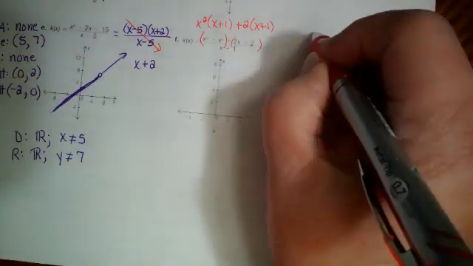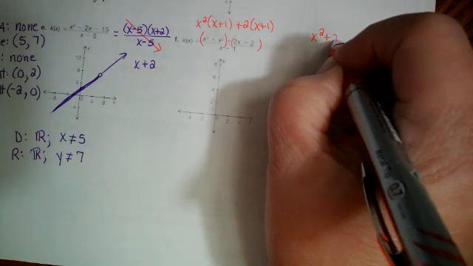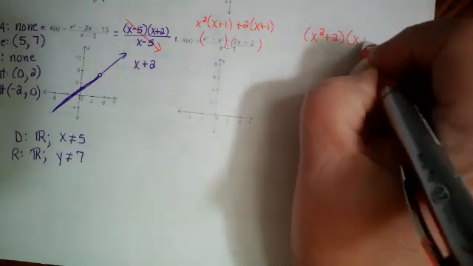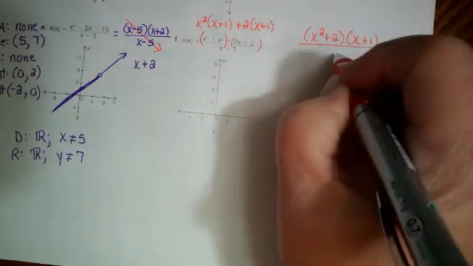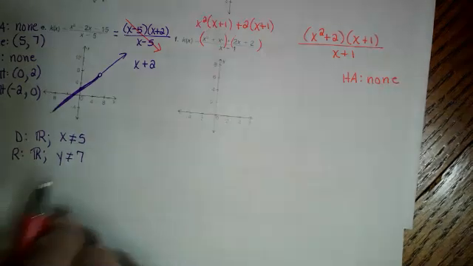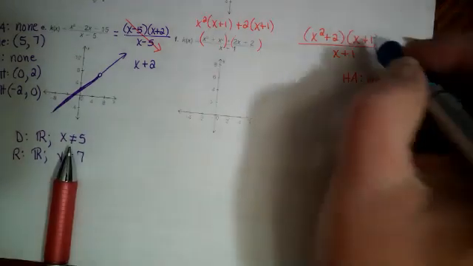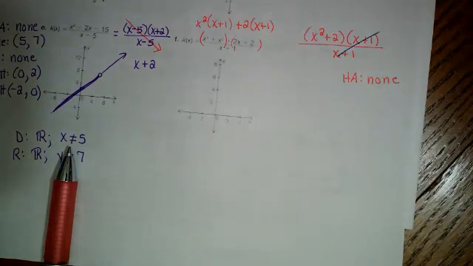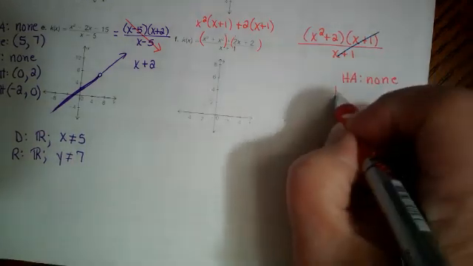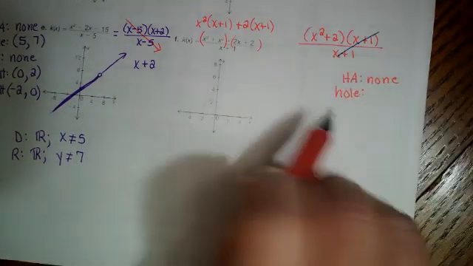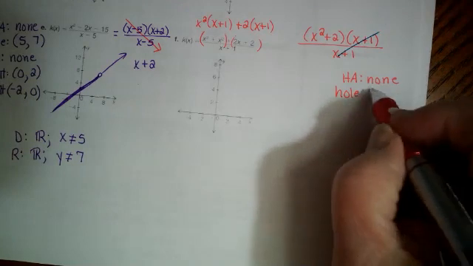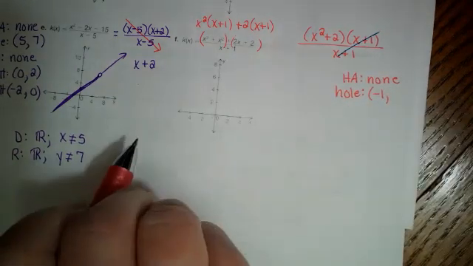So my factoring is going to give me x squared plus 2 and then x plus 1 over x plus 1. So it factors. Notice I have a common factor that's going to cancel out and give me a hole at whatever makes x plus 1 equal 0, at negative 1.